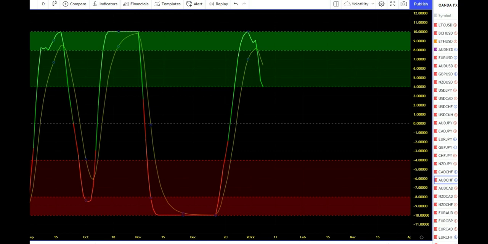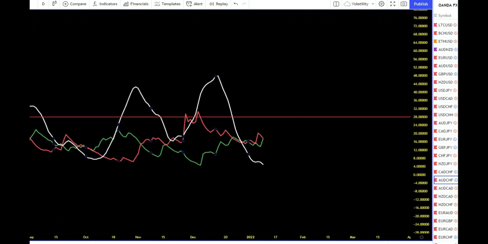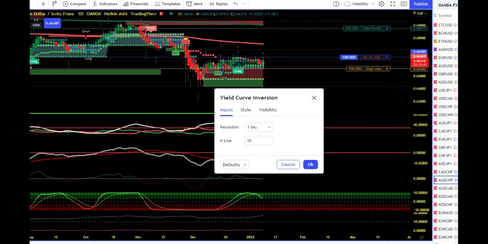If we have reached already 8, that means the trend strength is confirming, and 10 means the market is really before exploding. And the last indicator I use here is yield curve inversion of 1 hour.